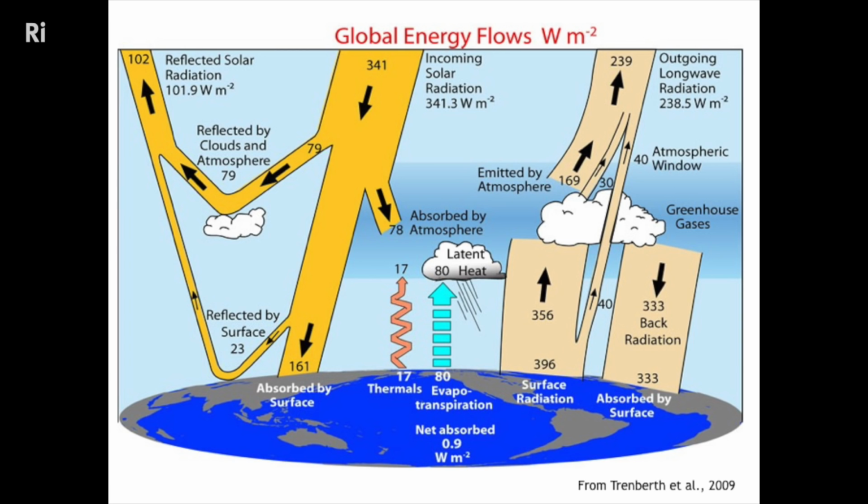And this is a very famous picture now from Kevin Trenberth, published in 2009, which just shows for the whole Earth, in very simple terms, the flows of energy through the system, starting with the energy from the sun coming in at the top, going down through the atmosphere, some of it being reflected back to space by the clouds and by the Earth's surface, and a certain proportion being actually absorbed by the Earth's surface.